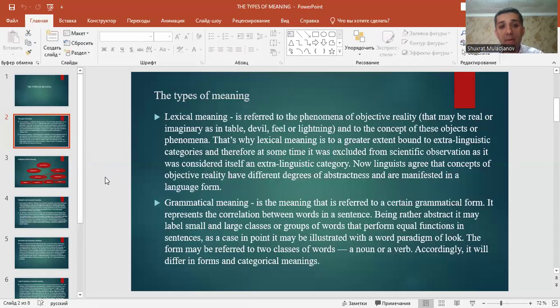Secondly, every word has its own grammatical meaning, because words can be placed in certain grammatical categories, and it's very important to know about them. Grammatical meaning is the meaning that refers to a certain grammatical form and function.